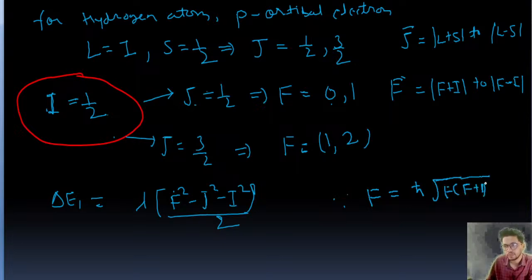This we know, and so this means the f square value is going to be h cut square into f into f plus 1. Okay, f is the total quantum number. Similarly, j square equals h cut square j into j plus 1, and for I, I square is h cut square I into I plus 1, right? So we'll put the value here.